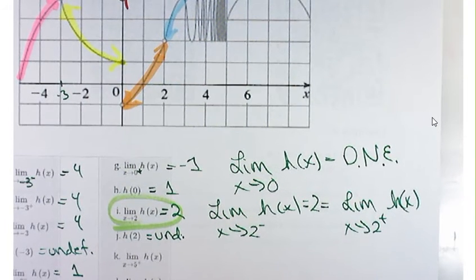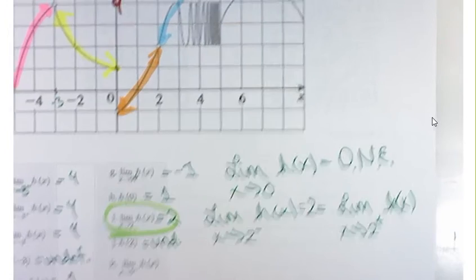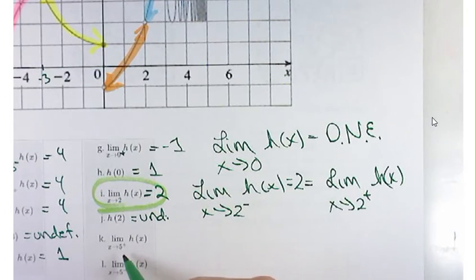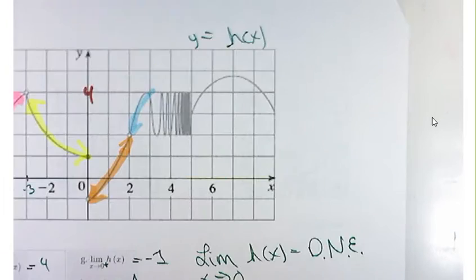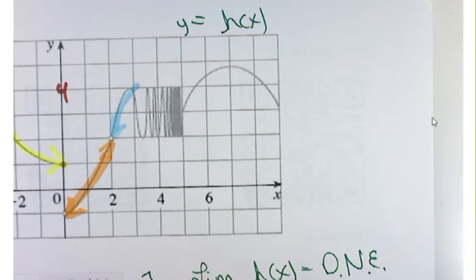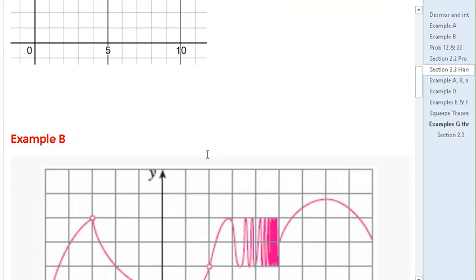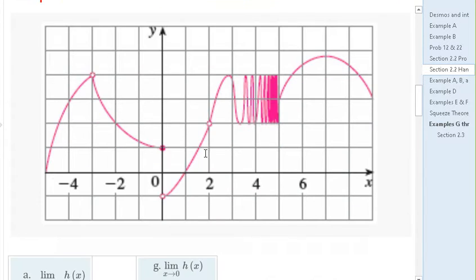Let's look at 2 last ones here. And that's as x approaches 5 from the right and as x approaches 5 from the left. Now, I don't think you can really appreciate what they're trying to show here. Let me maybe give you a look at this. Maybe it's a little bit easier to see. But what they're trying to simulate here from the left is a graph that is just going crazy, going up and down infinitely often as you approach from the left.